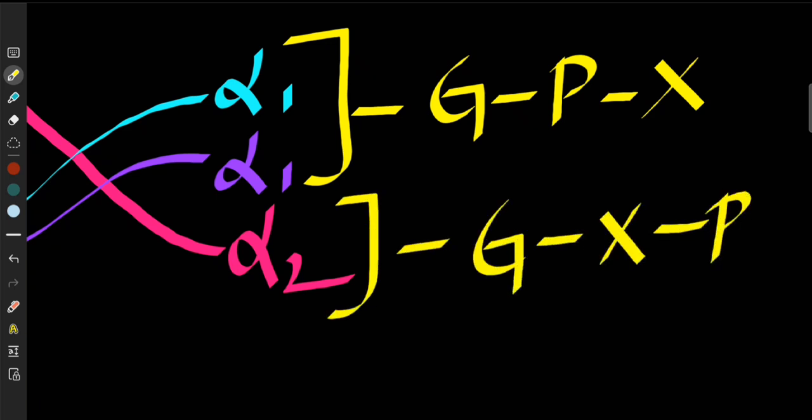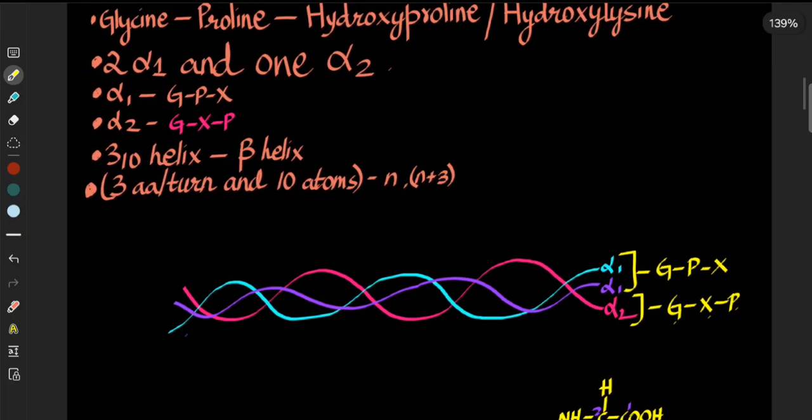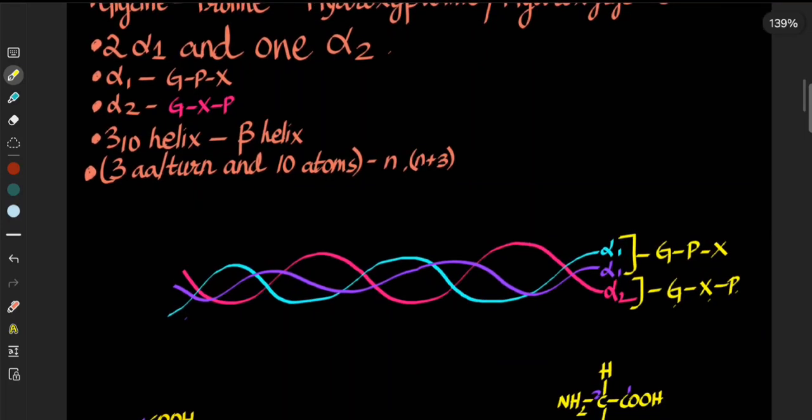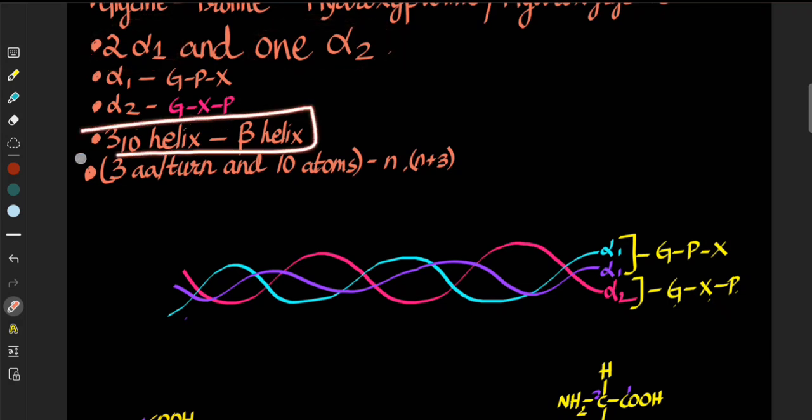That means glycine, then hydroxyproline or hydroxylysine, and then at last proline, right? So this is actually the structure of the collagen, right? So you must have understood why I have taken 2 alpha 1 and 1 alpha 2, right? Now this is also known as the beta helix.